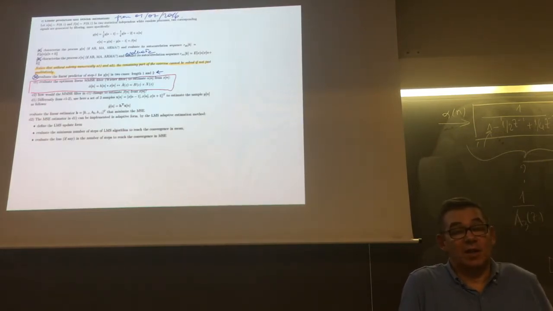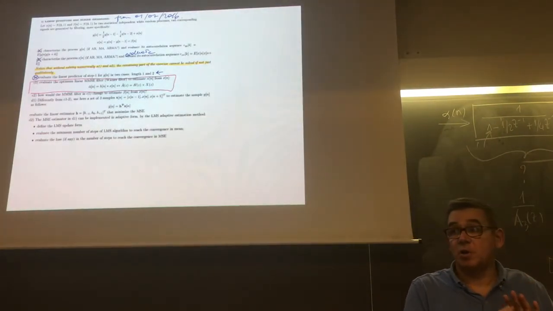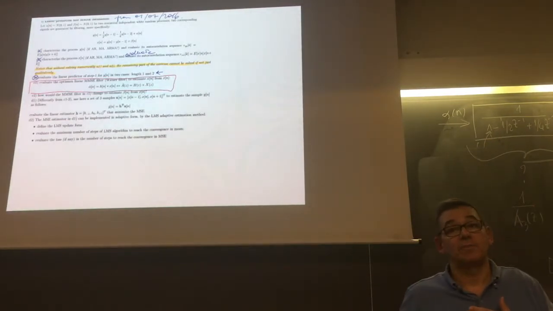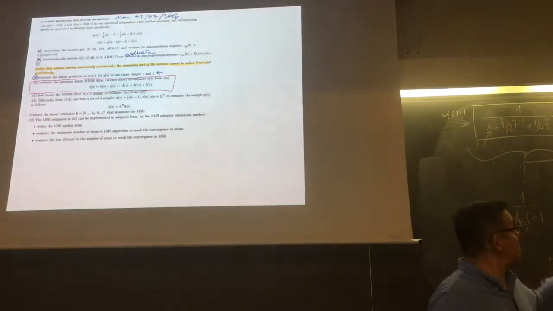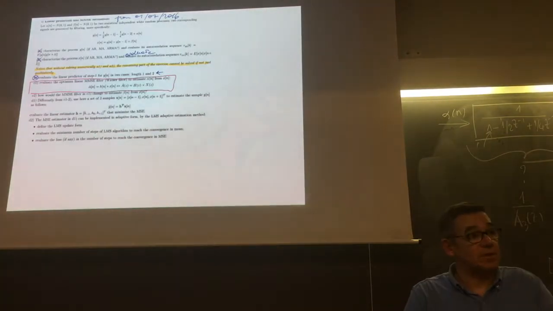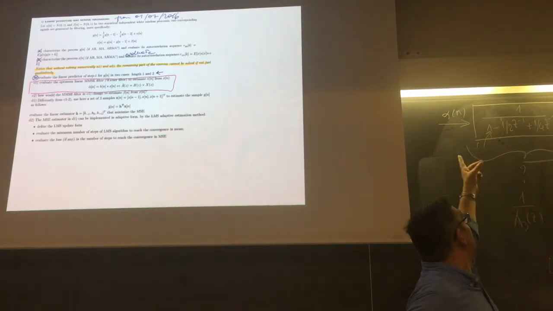A white process, as we said a few weeks ago when we started, is a process where the samples cannot predict any others except itself. So we are going to the degenerate case where epsilon 3 cannot predict anything, which means it's white, and then we reach the position where epsilon 3 coincides with alpha.